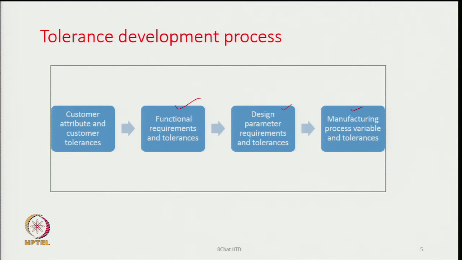Ultimately I have to manufacture the product and give it to the customer. So, after doing the necessary calculation to find out what the design parameters are, now I have to set the machines which are manufacturing the product, so that I can really satisfy the requirement of the customers.